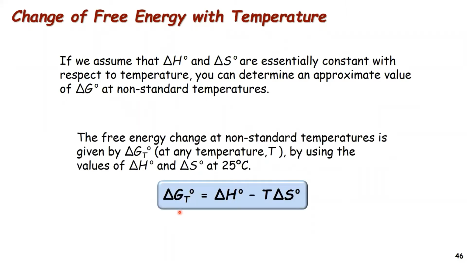Now, we're going to add a subscript of capital T. So when you see del G naught T, it means we calculated the change in free energy from the standard enthalpy and entropy change at 25 degrees Celsius, 1 atmosphere, 1 molar, but we did it at a non-standard temperature.